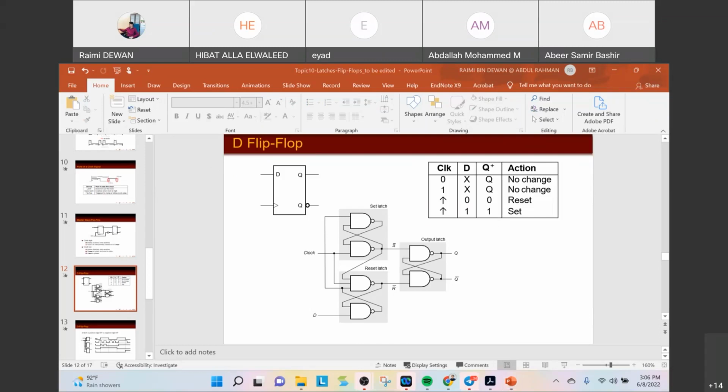Is it positive edge trigger or negative edge trigger? What is your answer?